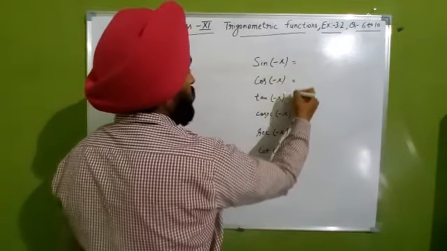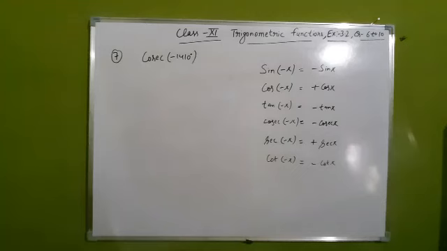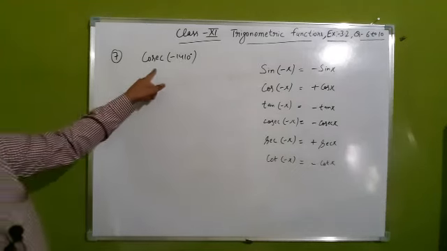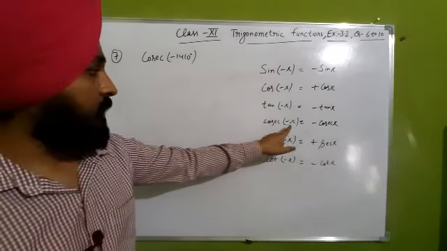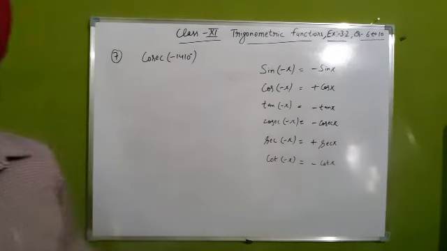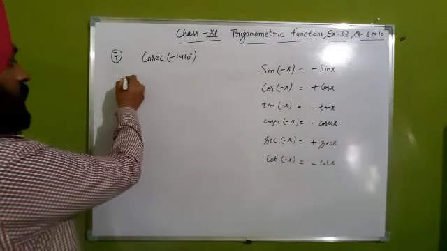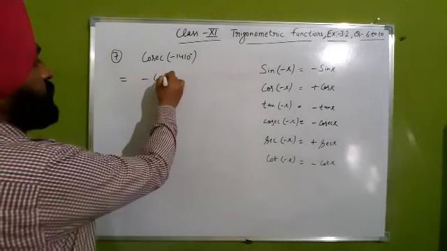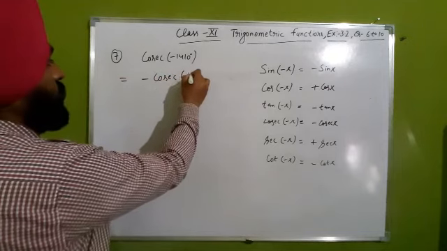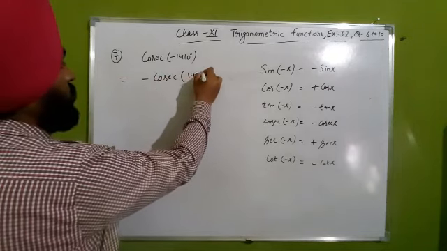Whenever you see these kinds of values, check here: cosecant negative x equals negative cosecant x. So it can be written as minus cosecant 1410 degree.